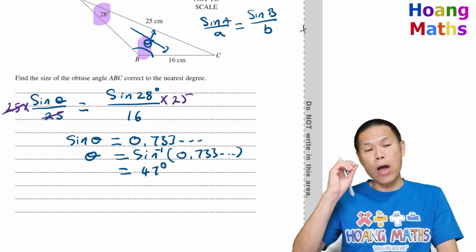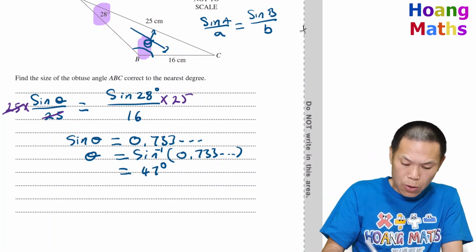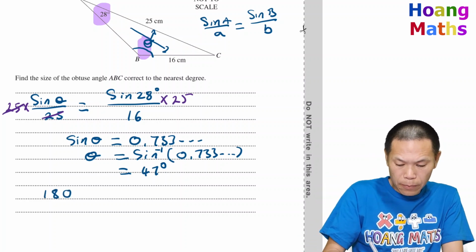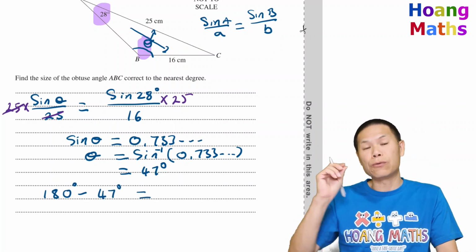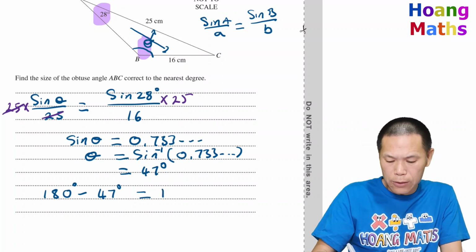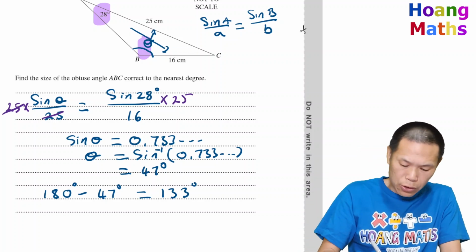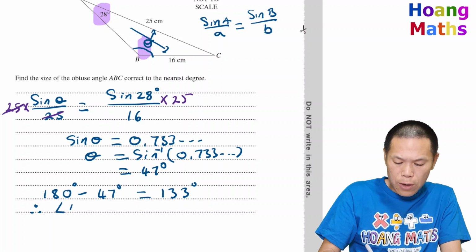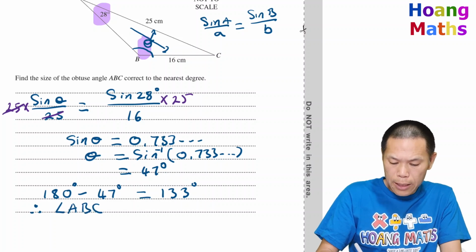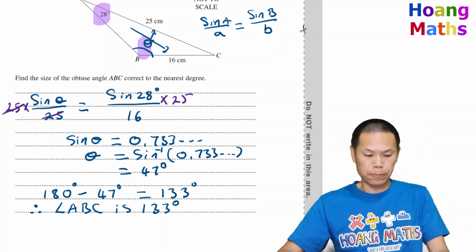But then angle ABC is the obtuse angle, so we go 180 degrees minus 47 degrees. 180 minus 40 is 140, and minus 7 gives 133 degrees. Otherwise, you can just use your calculator. Therefore, angle ABC is 133 degrees.